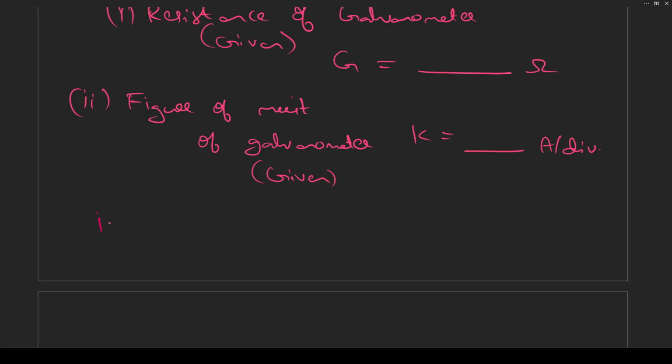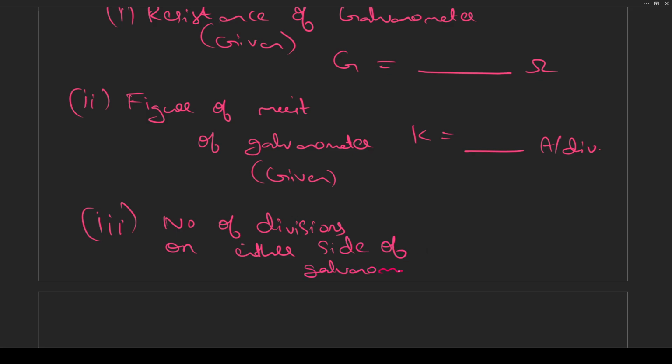Then we need to find the number of divisions on either side of the galvanometer, which is represented by n, equals dash divisions.